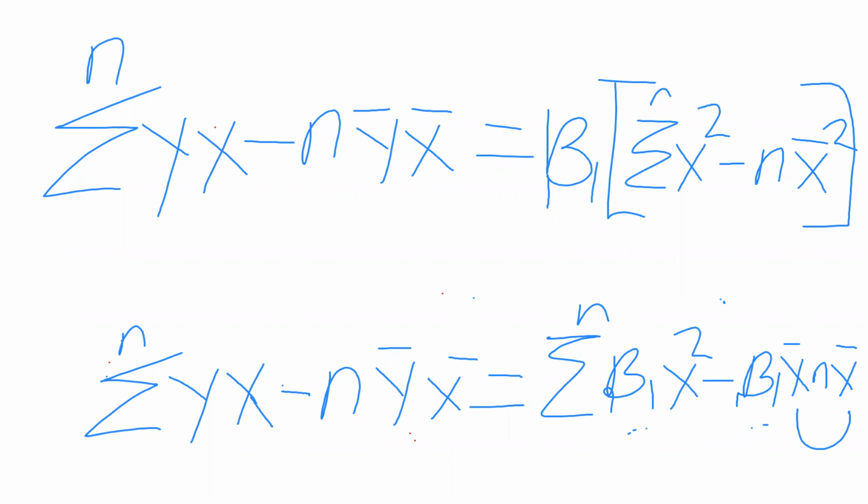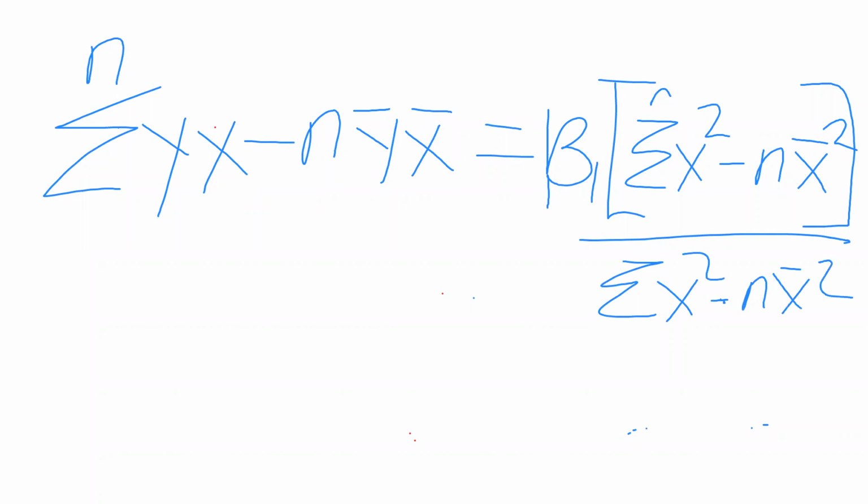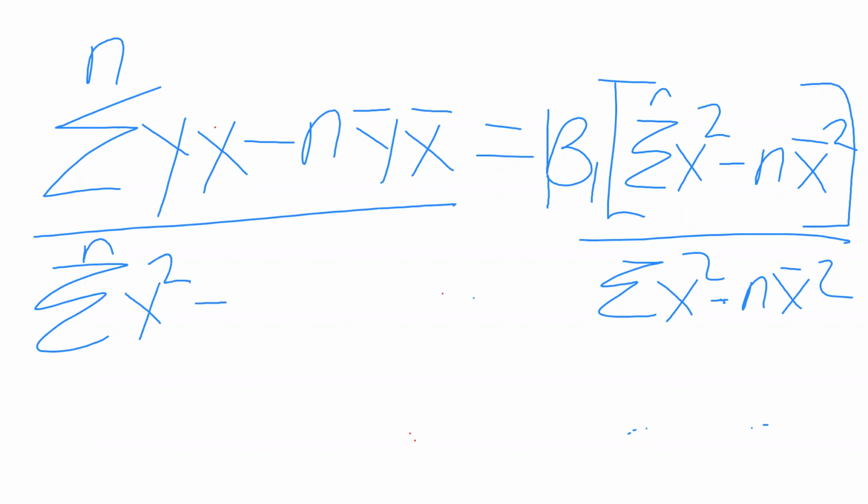So from here, very easy. You can divide through by what? By this part, which is in the bracket, on both sides, so that you can have beta 1. So divide through by the summation of x squared minus n x bar squared, both sides. And then you cancel these, right?